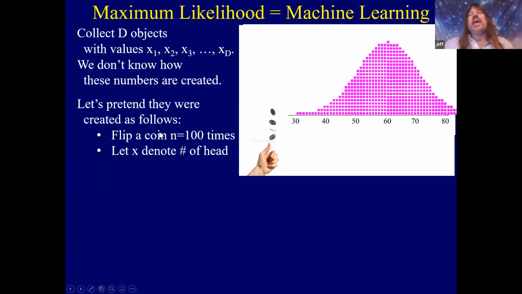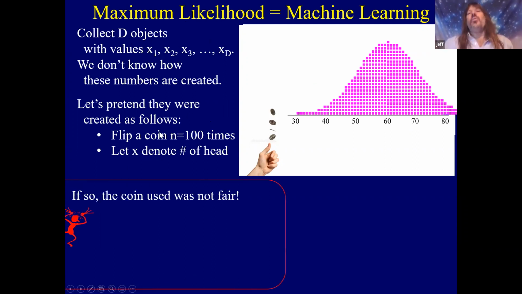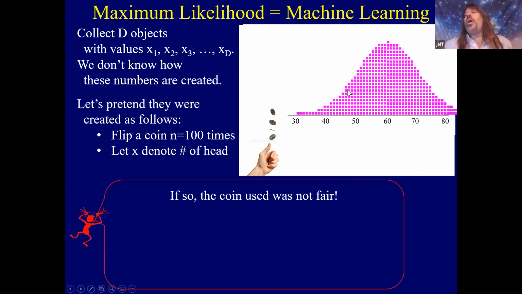And if that's the case, what do we learn? Well, our frustrated guy is going to come and say, hey, if you got these from flipping a coin, then your coin was not fair, right? Because the average is not 50, it's shifted over. The average is 60 heads out of 100, right?